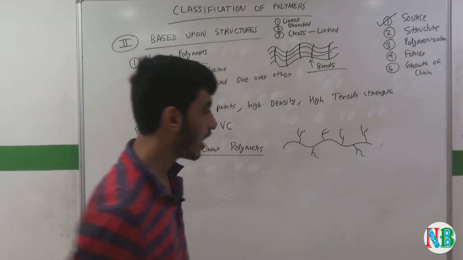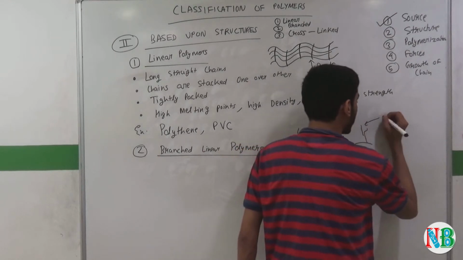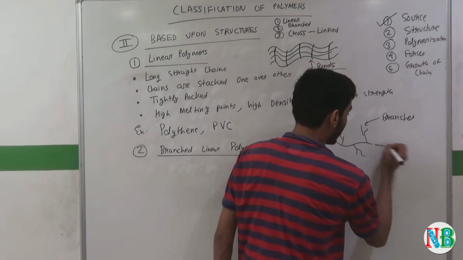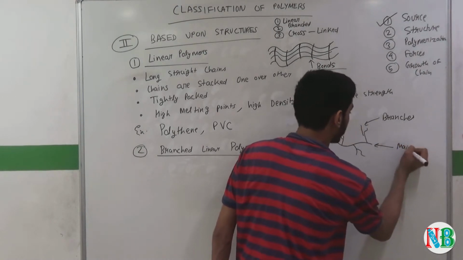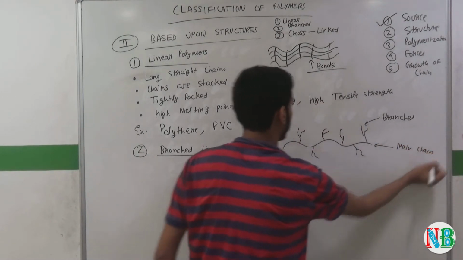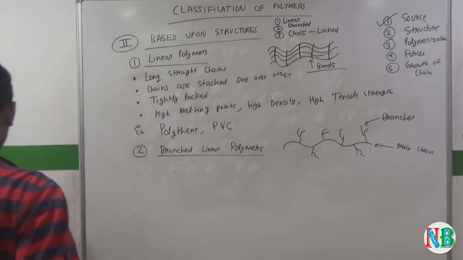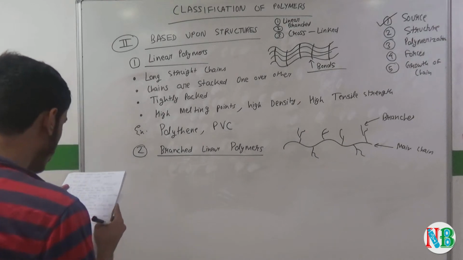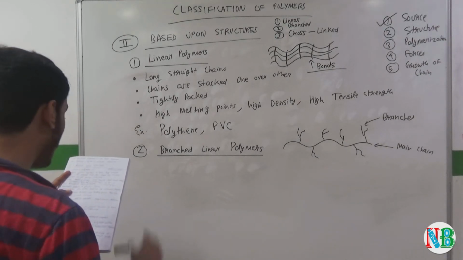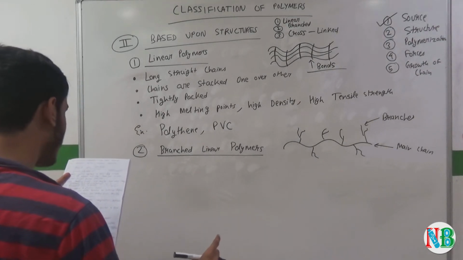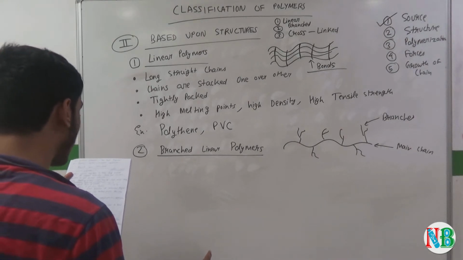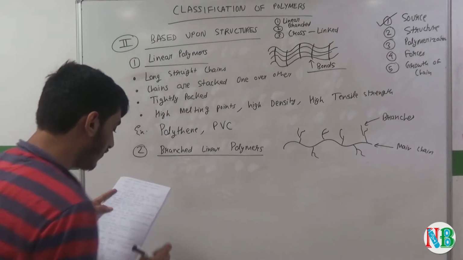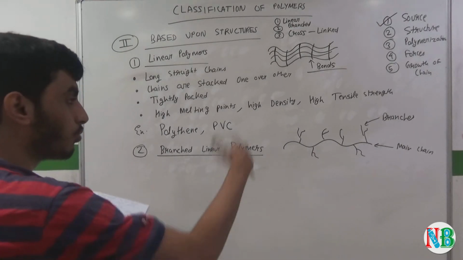These outward parts are known as branches, and that is the main chain. So the monomers combine to have a main linear chain, plus they also form some small branches outwards.